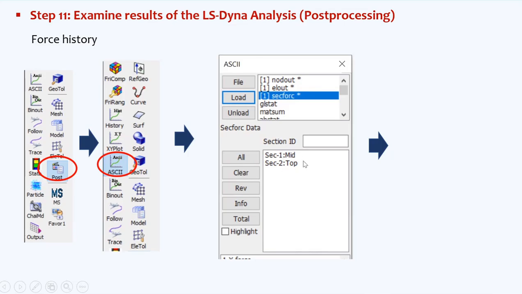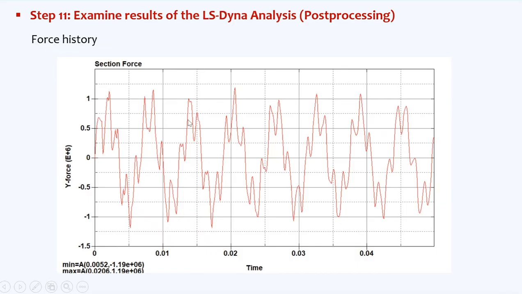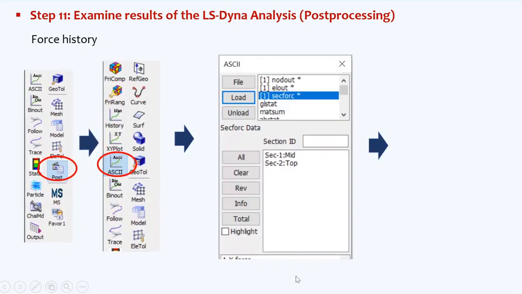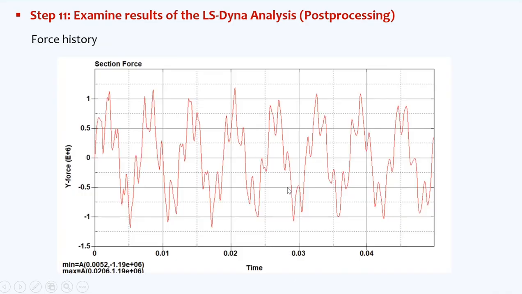So I've selected the top of the column, and then I click okay, and the plot option will be there. So I click the plot option, I get the section force for the top section. You can see a peak value of 1 meganewton is obtained here. So this is the response history obtained.